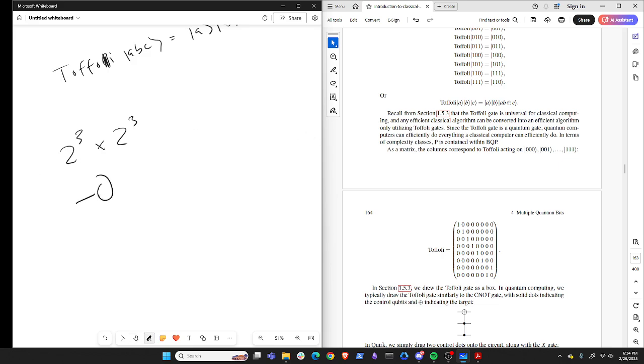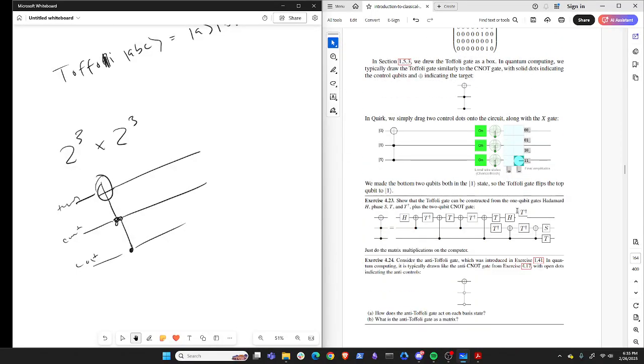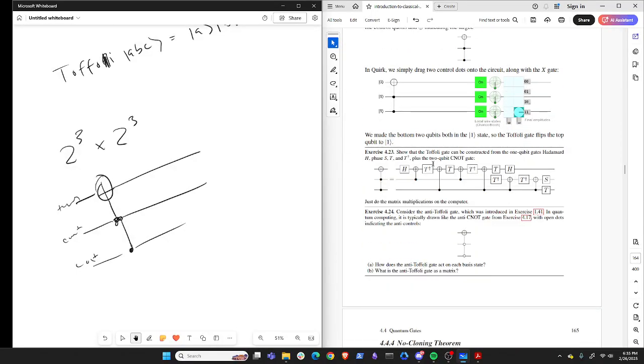And visually, we just have this thing here: the 2 controls that we condition upon, and then our target. Control and control. So this one says just do the matrix.